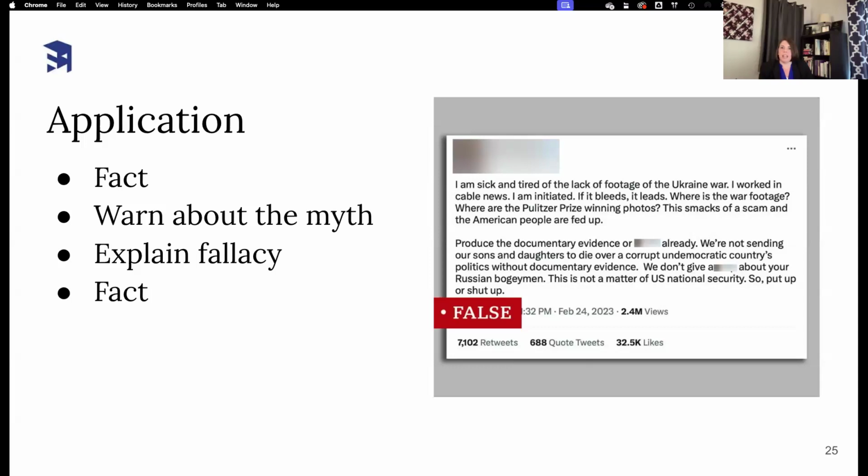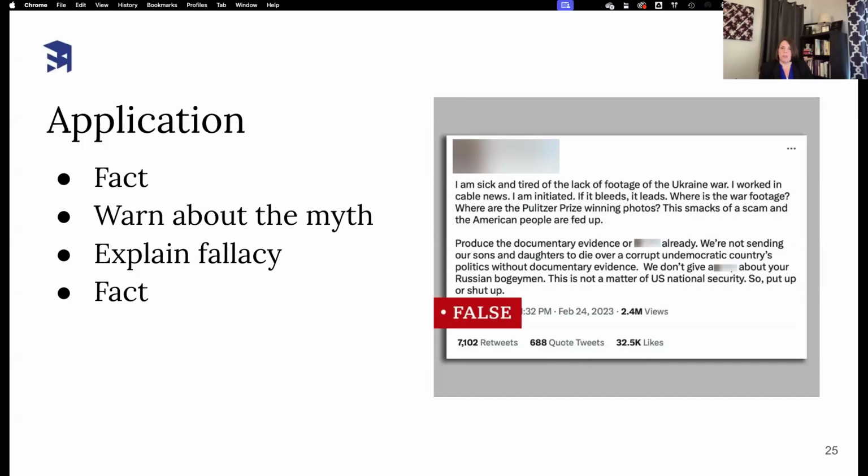For that, we would say, this statement in the tweet is false because alongside eyewitness accounts, there's been ample footage from the Ukraine front line by the BBC and other global broadcasters, who have also examined false narratives about some of the conflict's events.